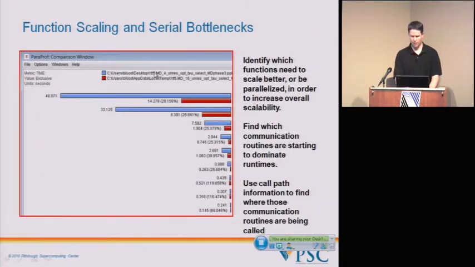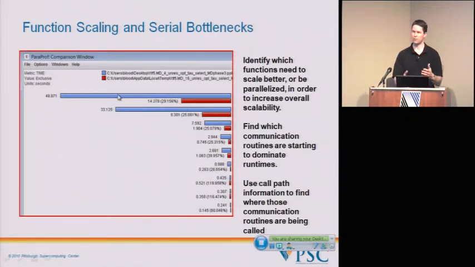In the blue, we ran on 4 processors, and in the red, that was a run over 16 processors. Each of these pairs is a particular function in the code. So you can see how the time decreases as we scale up, and how well it's scaling on a function by function basis.